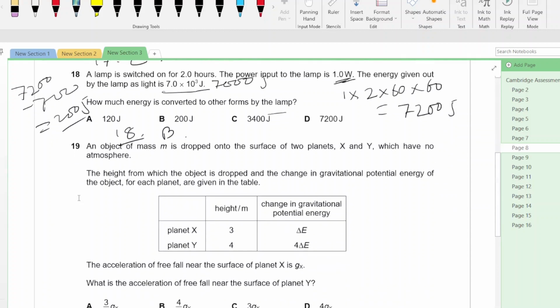At 19, an object of mass m is dropped onto the surface of two planets X and Y, which have no atmosphere. The height from which the object is dropped and the change in gravitational potential energy of the object for each planet are given in the table.